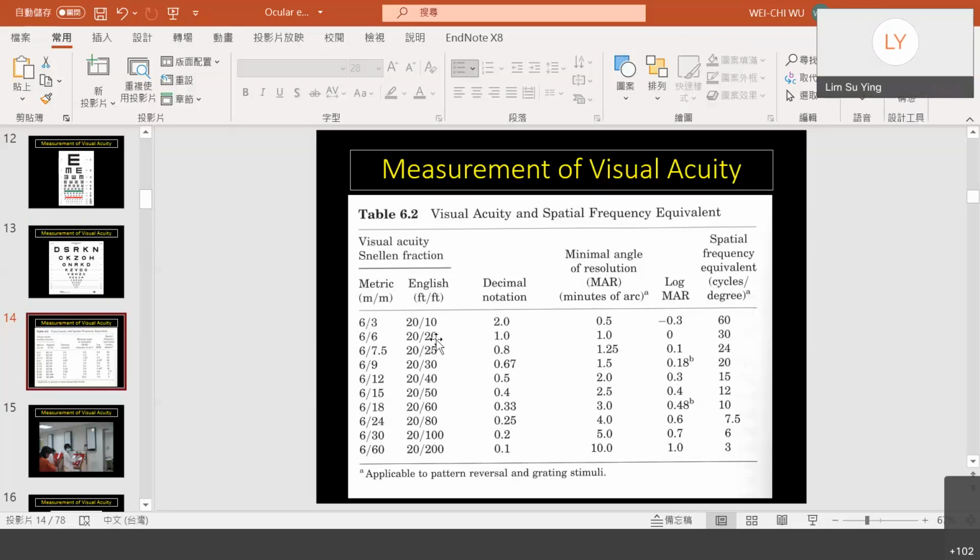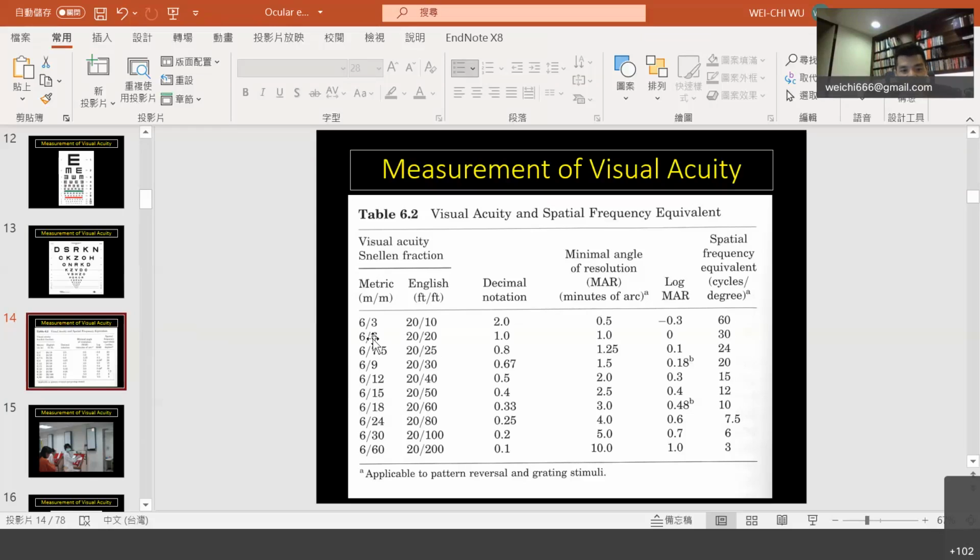Let's say 6/6 means that at a distance of 6 meters, the patient can see up to the level 6, is it? Full means that the visual acuity is full. Good, very good.